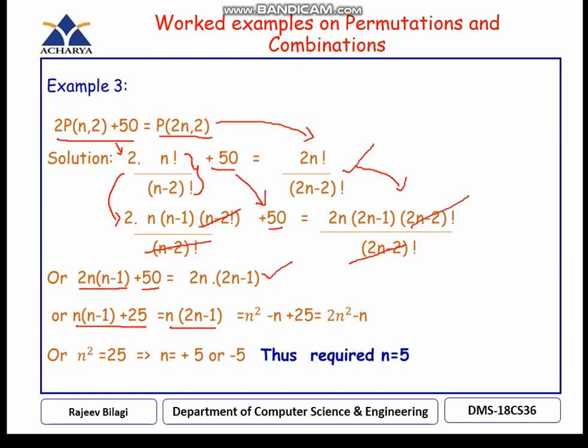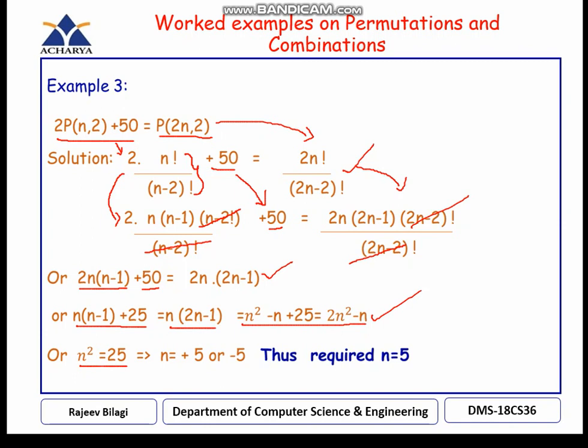So here if you simplify this, n square minus n plus 25 is equal to 2n square minus n. Simplifying this, you are going to get 2n square minus n square is equal to 25.